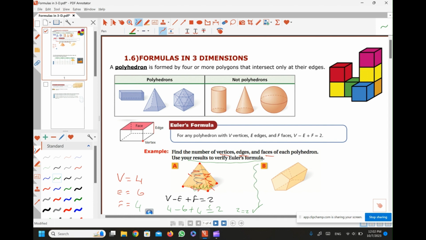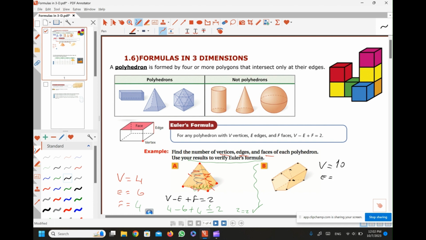What about the second question? We do the same in the second question. Find each element one by one. Number of vertices. 1, 2, 3, 4, 5 vertices here. Another 5 here. So we totally have 10 vertices. Number of edges.